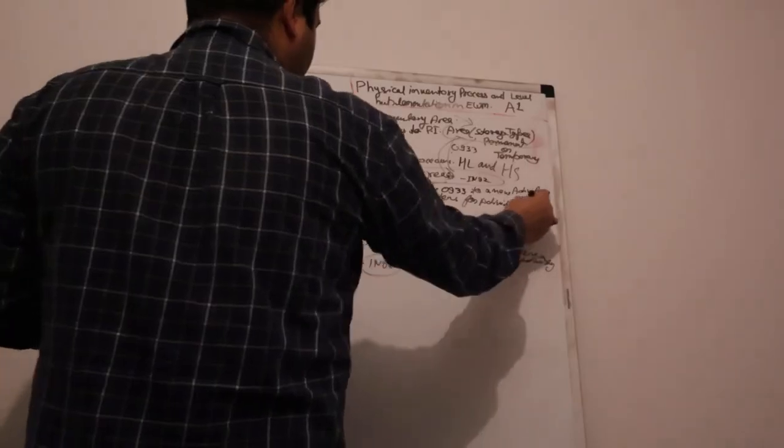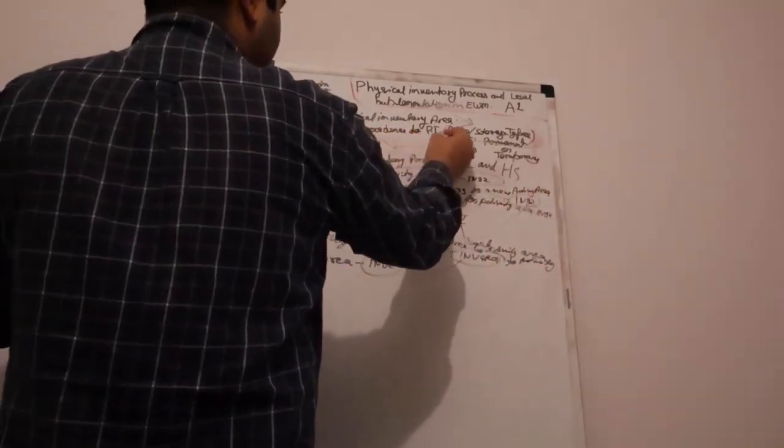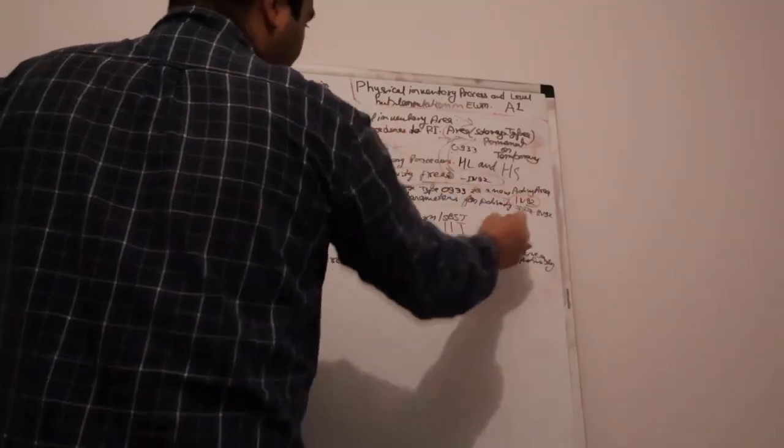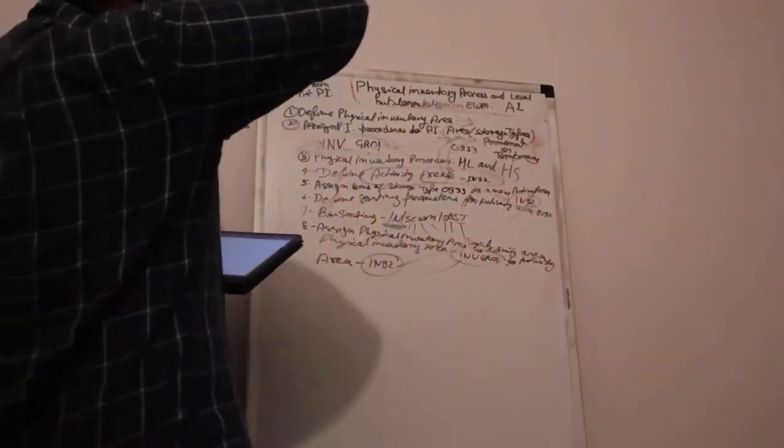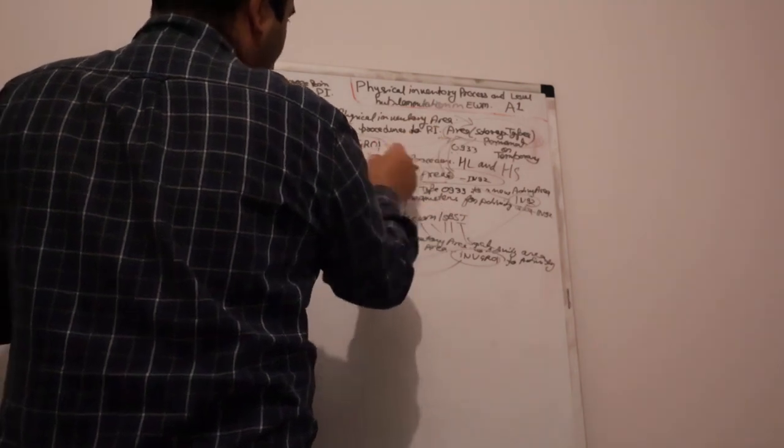So IN92 and this storage type, physical inventory area of the storage type, will be linked together. When the system triggers this process, the system will come to know INV_GR01.